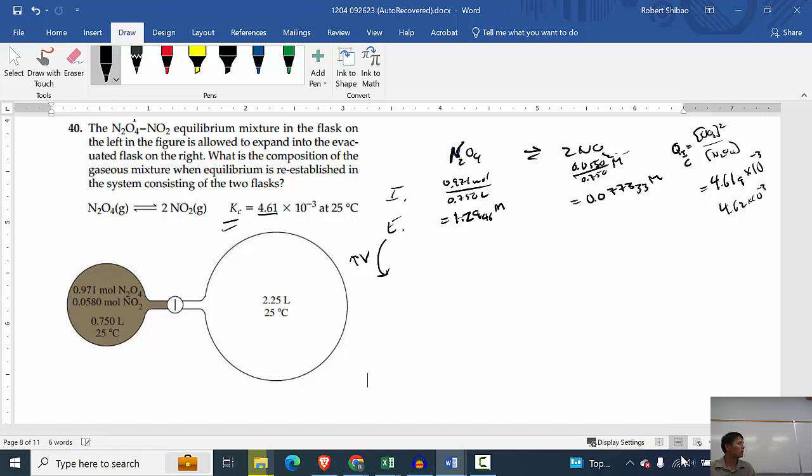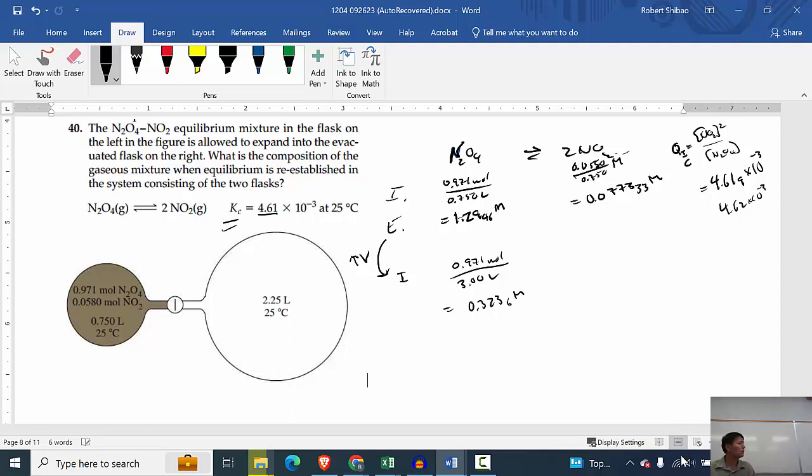And so the way that this impacts it is I'm going to perturb it. So I'm going to set a new initial condition. And the new initial condition is going to be 0.971 moles over 3 liters. So 3.00 liters. And so my new molarity here is going to be 0.971 divided by 3, 0.3236 molar.